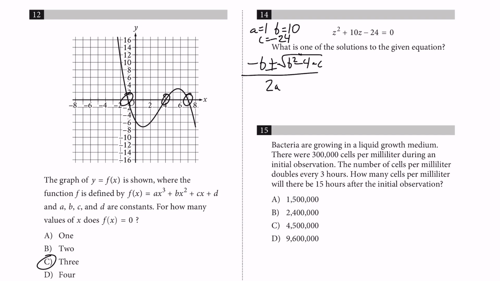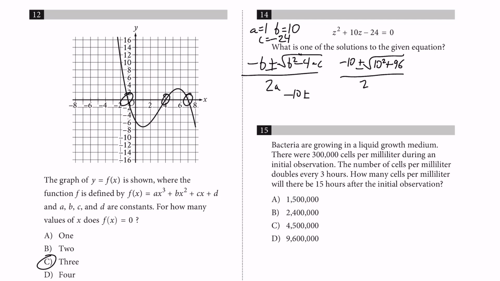So we're going to plug that in. Negative 10 plus or minus the square root of b squared, which is 10 squared, minus 4ac. So a times c is 1 times negative 24, which is negative 24. That multiplied by 4 is negative 96. But you're subtracting it, so you're going to add 96. And then all over 2 times 1, so 2.